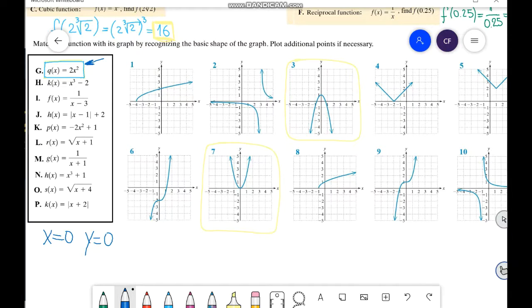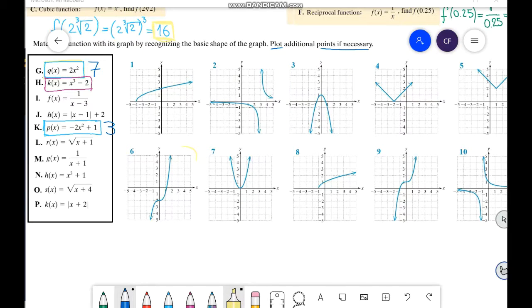Find the corresponding point, x equals 0, y equals 0, in both graphs. We have here x equals 0, y equals 0, and here x equals 0, y equals 0. And notice that here it matches, yes, it is on the graph.